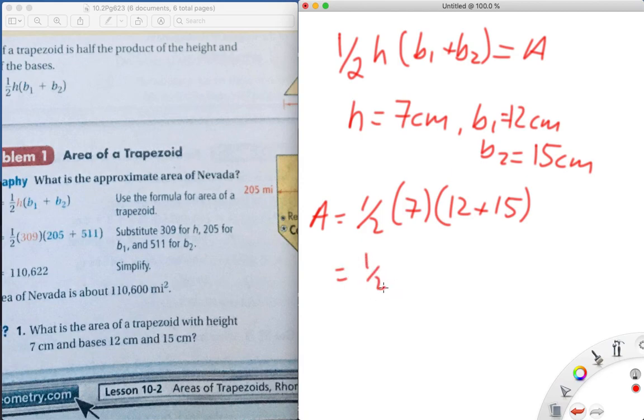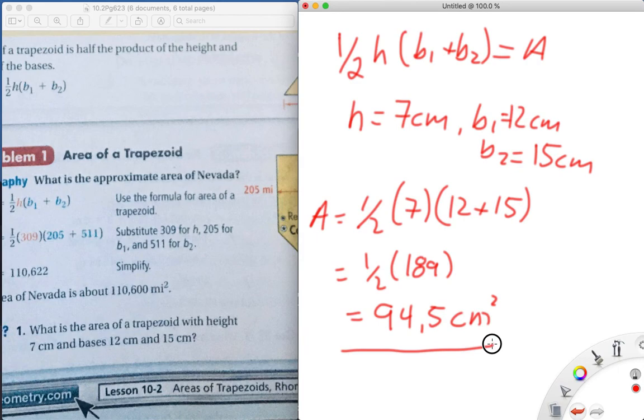So 12 plus 15, which gives me 1/2 of 189, which equals 94.5 centimeters. Remember, our units are going to be squared, so centimeters squared, and that's our area. Okay, so that's a trapezoid.